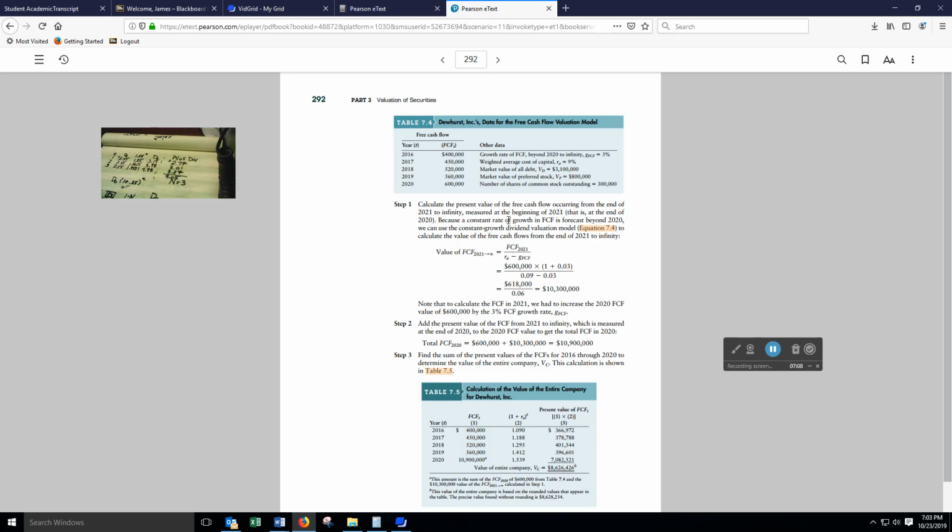Because a constant rate of growth in free cash flows is forecast beyond 2020, we can use the constant growth dividend valuation model to calculate the value of those free cash flows. So this is very similar to the problem that we did last video when we looked at the variable growth model.